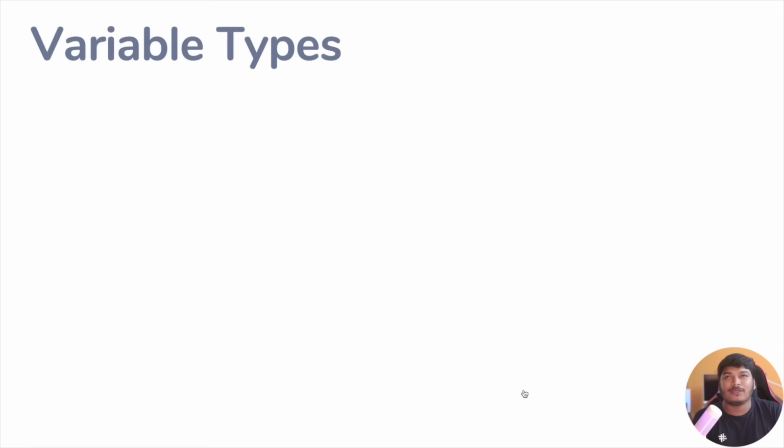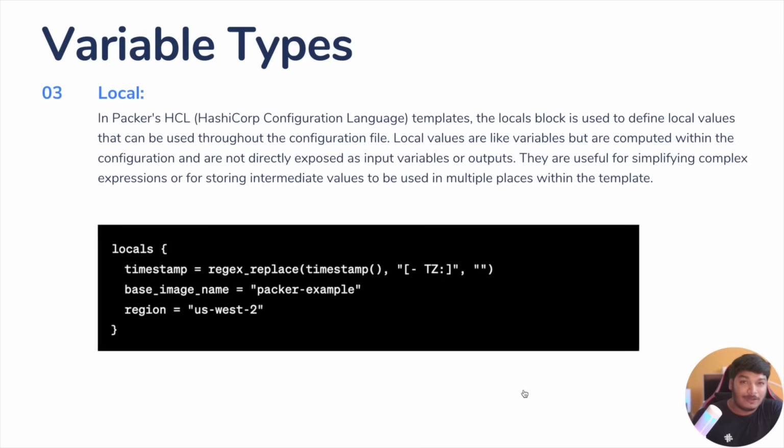Another way, which is not purely a variable but kind of a variable you use, or you can say the dynamic variable that you use, is local. So in Packer's HCL templates, the locals block is used to define local values that can be used throughout the configuration file, and these local values are like variables only but are computed within the configuration.